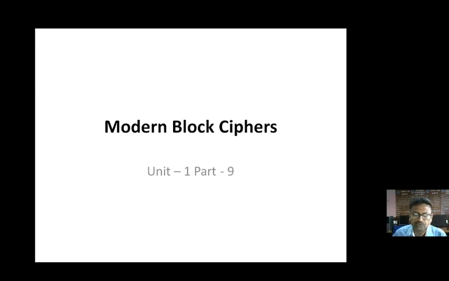So whenever we work with all these kinds of data, it is convenient to convert this information into a stream of bits, so that it can be easily encrypted or decrypted. That is why we are working with modern block ciphers.